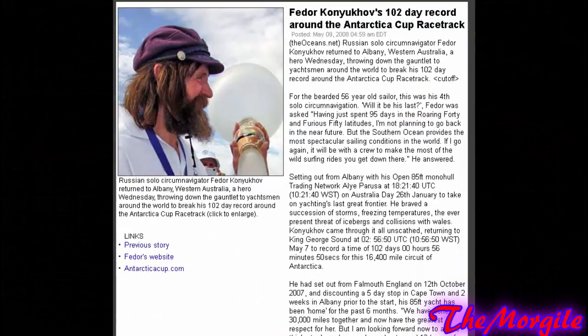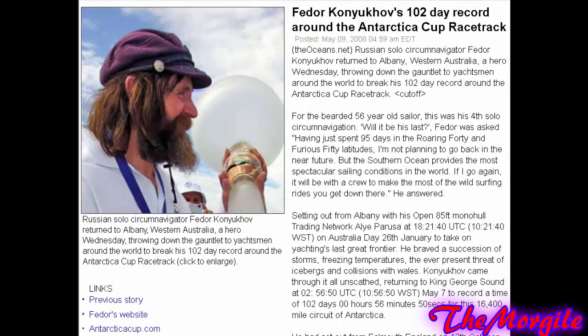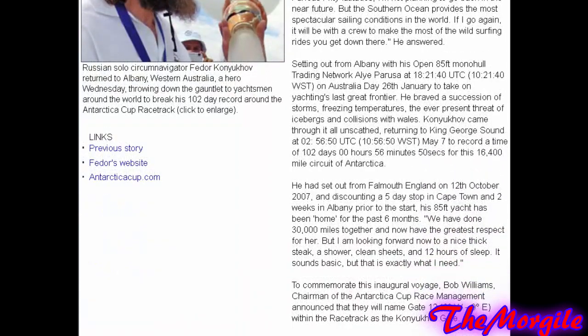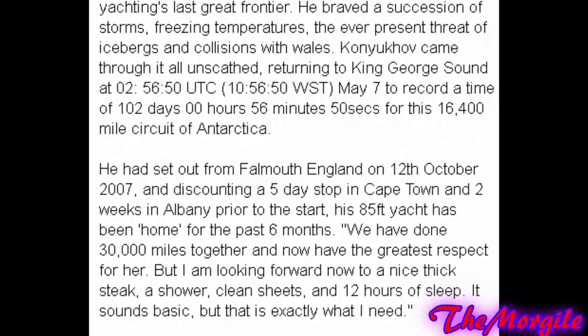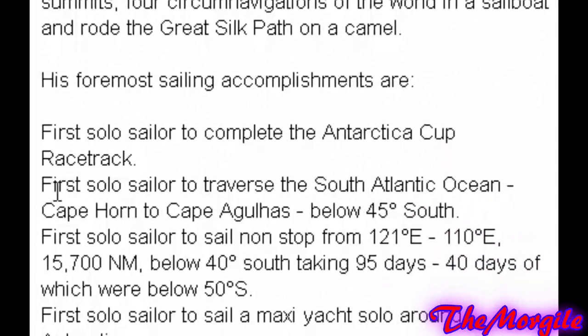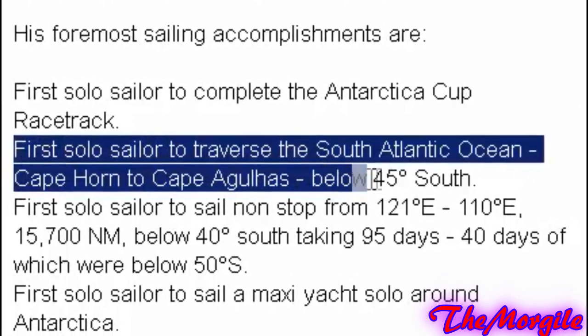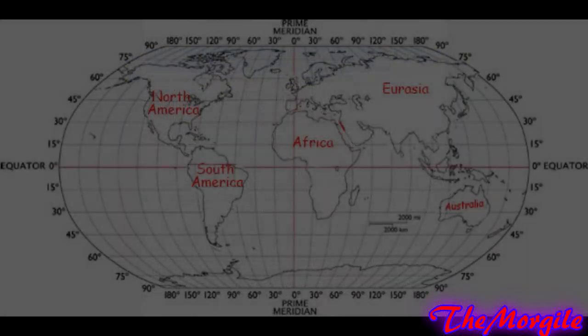And it has been computed that the average 45 degrees south isn't actually 42 nautical miles per degree of latitude or 48 statute miles per degree of latitude, but it is instead roughly 61 nautical miles per degree or about 70 statute miles per degree at the 45 degrees south.